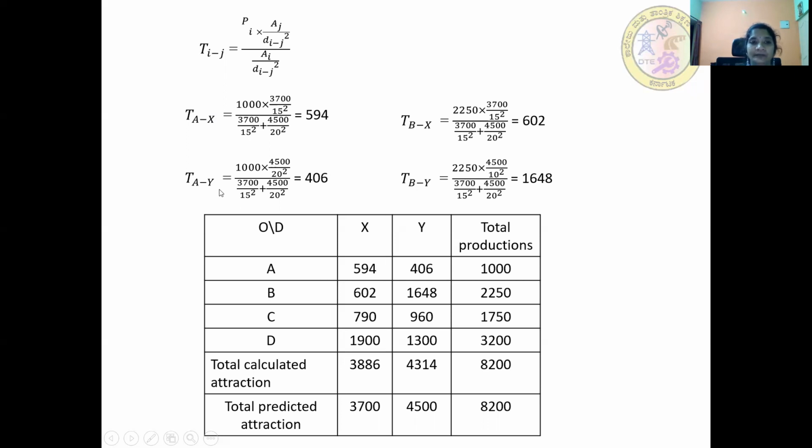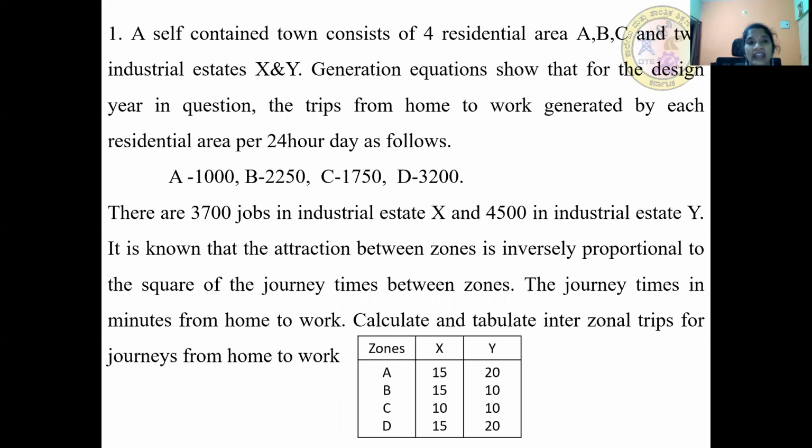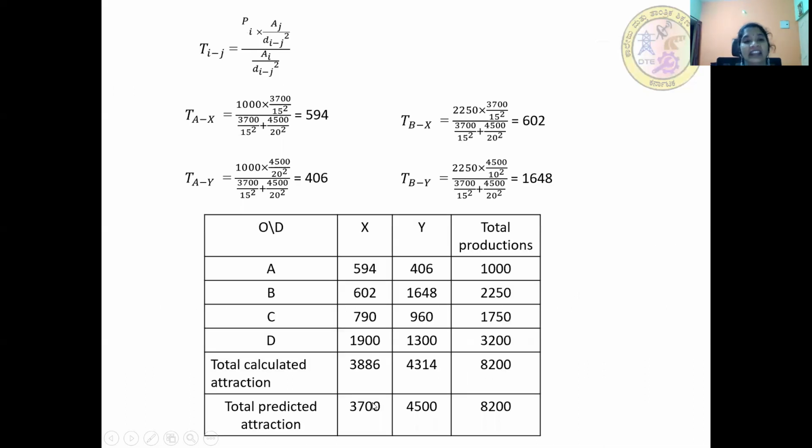Similarly A to Y. Here A is 1000, for Y it is 4500, and the travel time is 20. So you will get 1000 into 4500 / 20^2, divided by 3700 / 15^2 plus 4500 / 20^2.